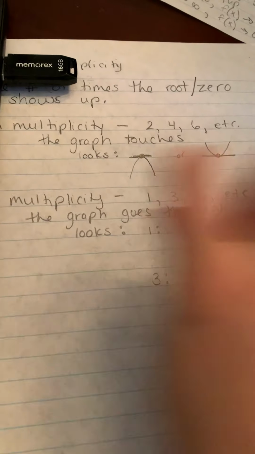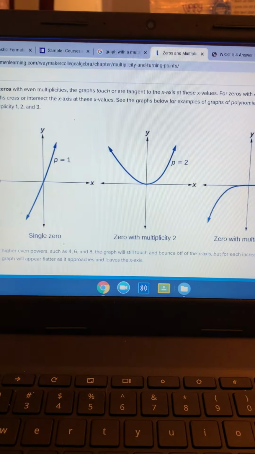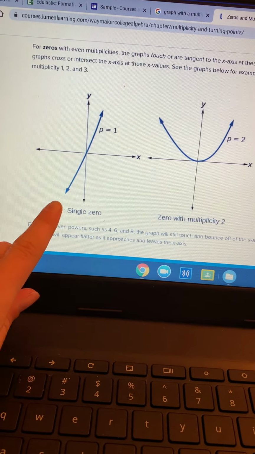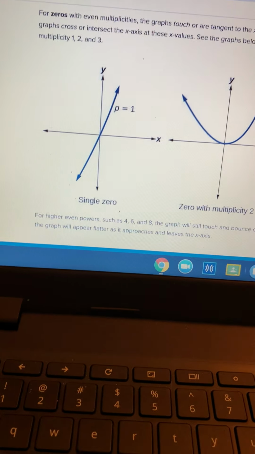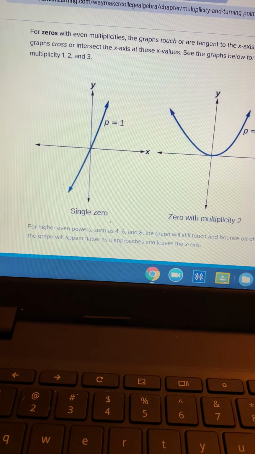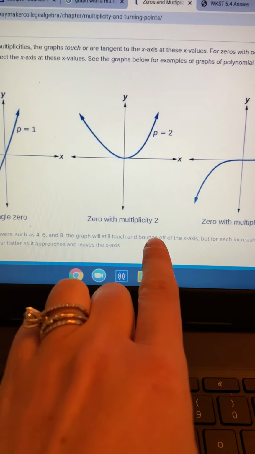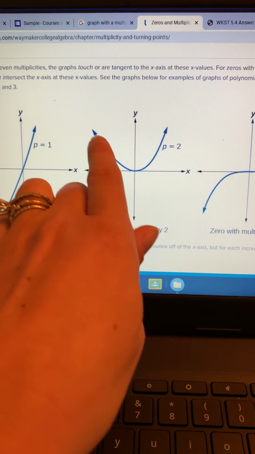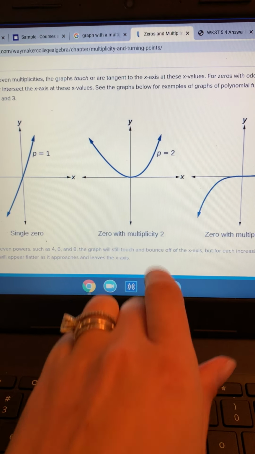So let's look at one little chart here that sums that up. If I have a single root or multiplicity is 1, we're going to go right through, kind of like a line. Still some curve to it, but way more linearly. Then if it's an even multiplicity, for example a multiplicity of 2, I'm just touching. I'm going to come down and up, or like I said before, we could just touch and come back down.